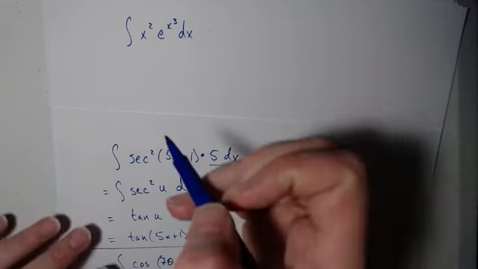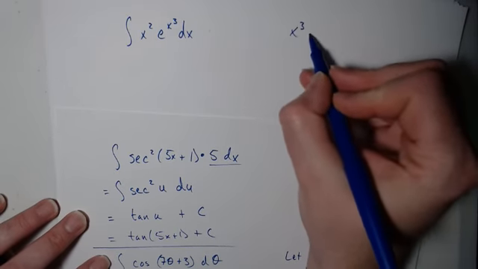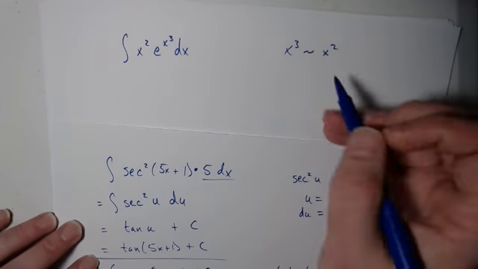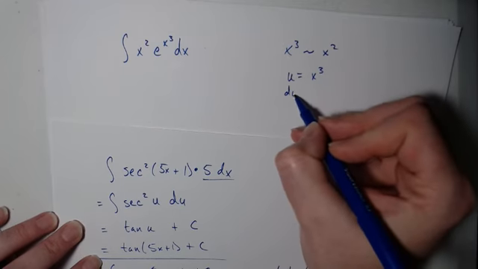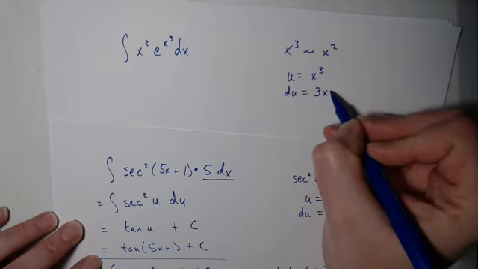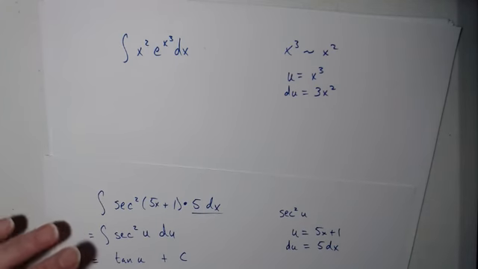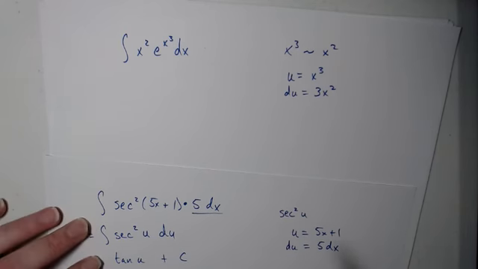And your clue should be the relationship here between x cubed and x squared. So if I let u equal x cubed, then du is 3x squared, and I have that piece. If I had let u be all of e to the x cubed, then it might not have gone so well for me, or if I had done something else.